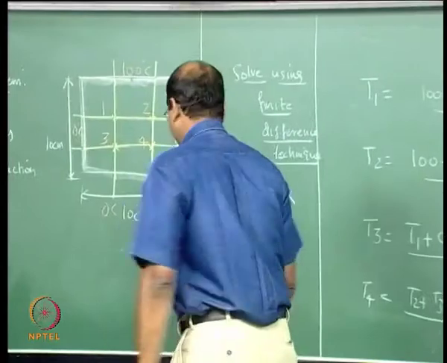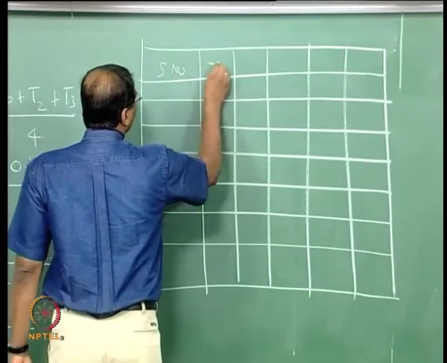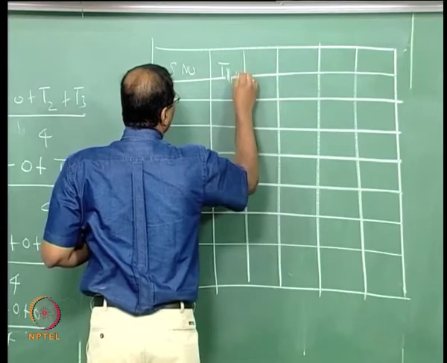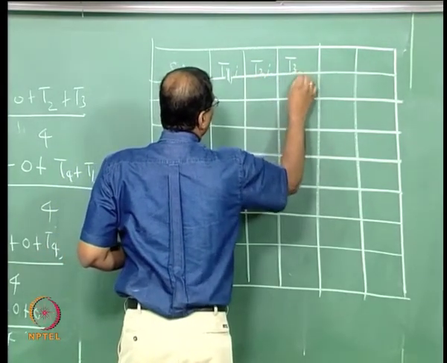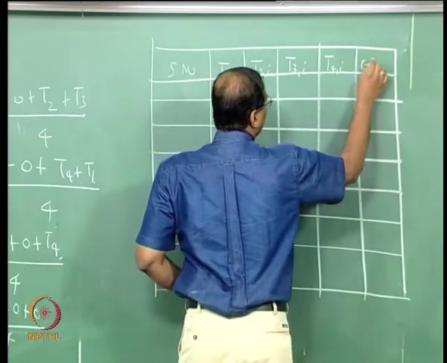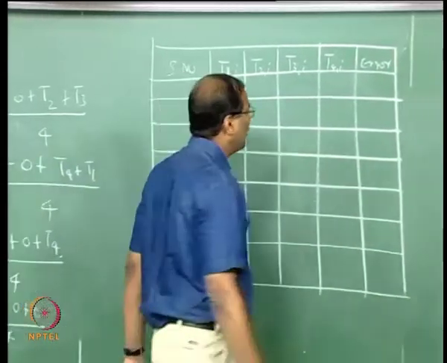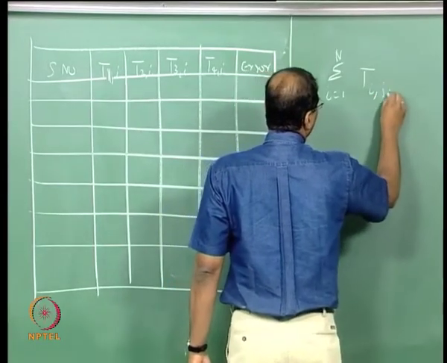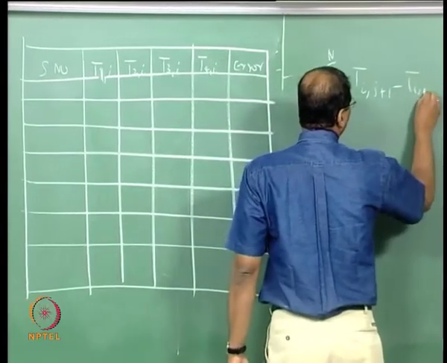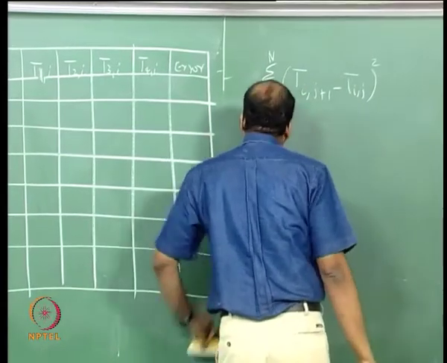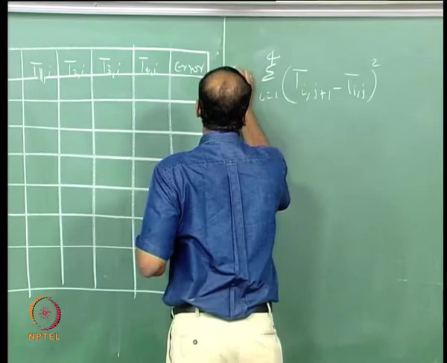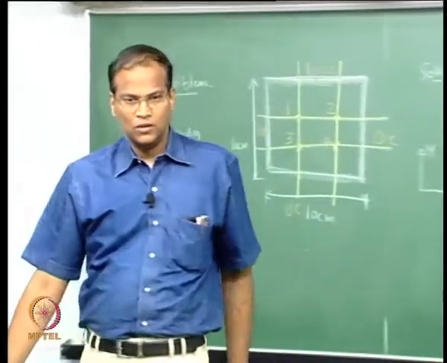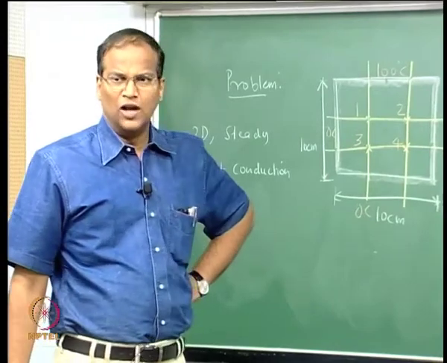So you put up a tabular column, serial number, and I will call the error as, yeah, the iteration number, or you put I plus 1, whatever.